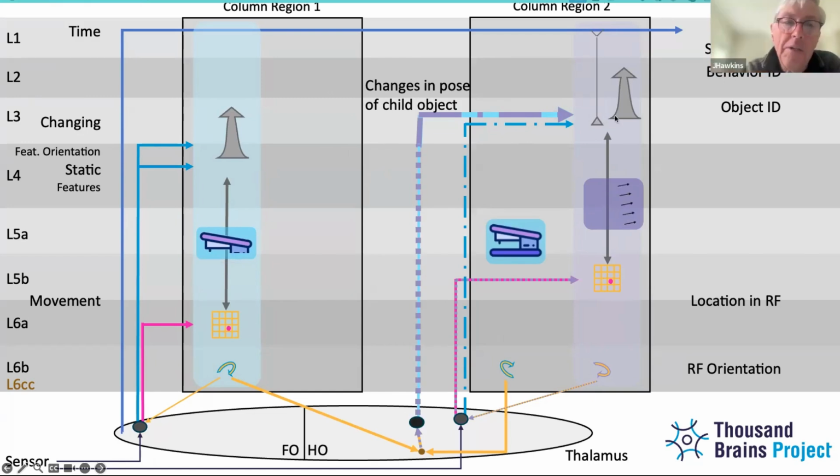And that's only the orientation of the features changing, right? Yes. But other things could happen. It's not just the orientation. It could be appearing or disappearing or just changing in any way. Yeah, so that would be other kinds of changes. So for example, I don't think I show it in this graph, but if the object ID changes or the behavior ID changes, then that would also become input to the behavior model.